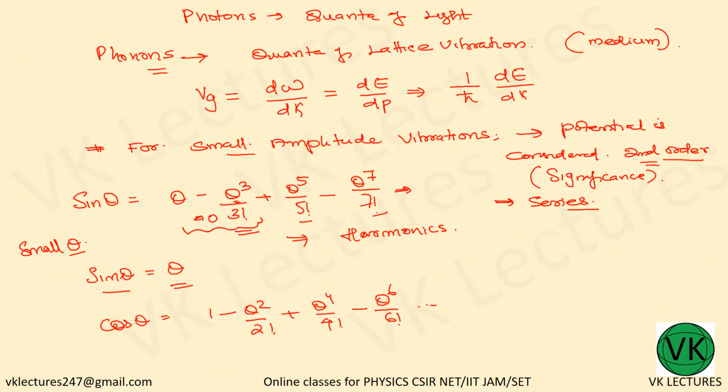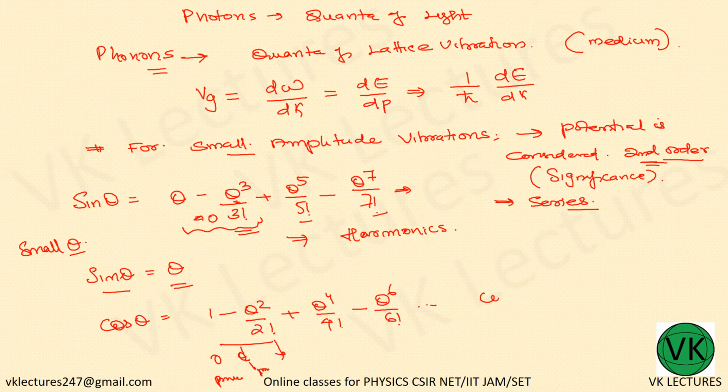Now here as I said, it is significant to second order. Which is the order? This is the 0th order. This is the principal harmonics, 0th order. Here you have theta to the power 1, which is the primary first order. This is the second order. So up to here, second order, it is important.